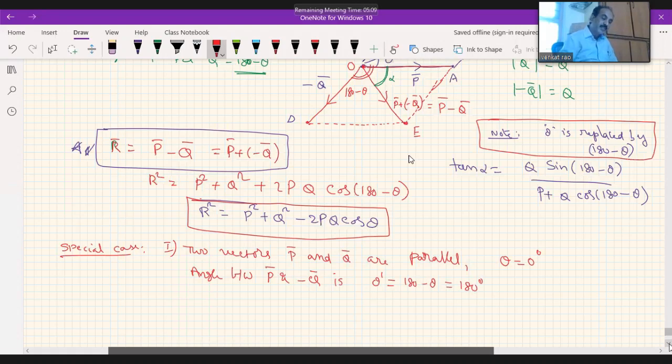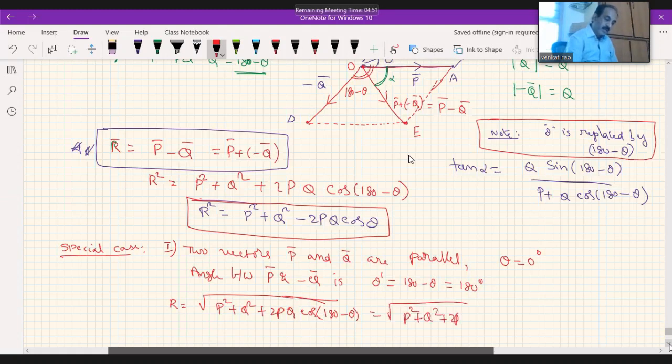Now the resultant R equals root over P square plus Q square plus 2PQ cos of 180 minus theta, that is root over P square plus Q square plus 2PQ cos 180, that is root over P square plus Q square minus 2PQ, that is the magnitude of P minus Q.